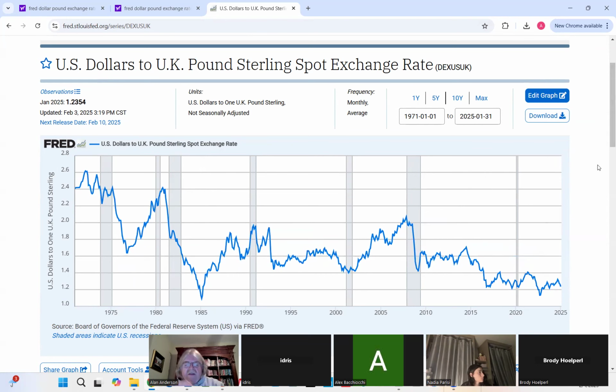Now, later on, when we start looking at the history of exchange rates, we'll see that there was a time in the early 20th century when it took almost $5 to buy a single British pound. Okay, but circumstances were very different in those days. For one thing, we were on the gold standard, and for another thing, World War I kind of blew that out of the water. The British economy was still kind of the leading economy until right around World War I, after which the United States basically became the world's leading economy.